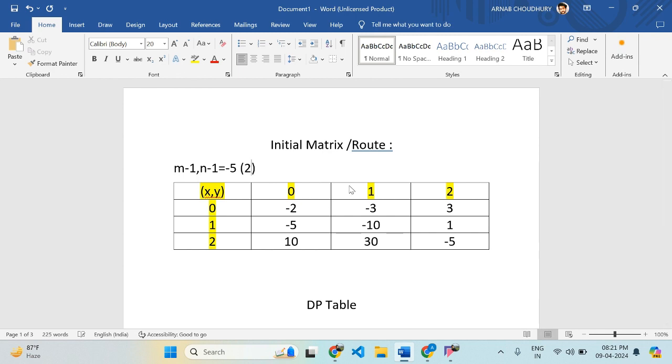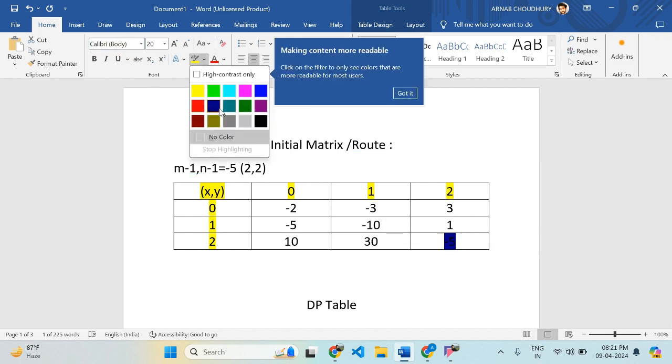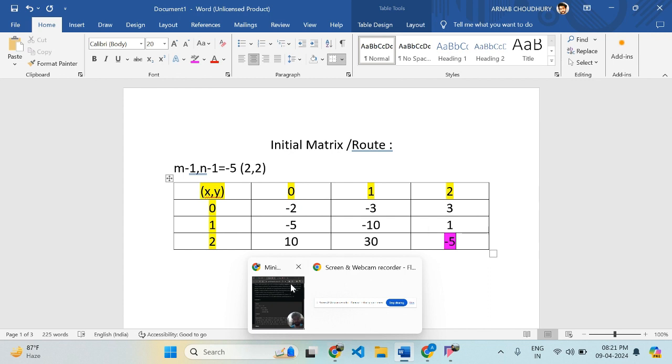This particular coordinate, we can highlight in a different color, say blue. It is the bottommost corner cell, and we have to reach it in such a way that we take the minimum possible number of points.